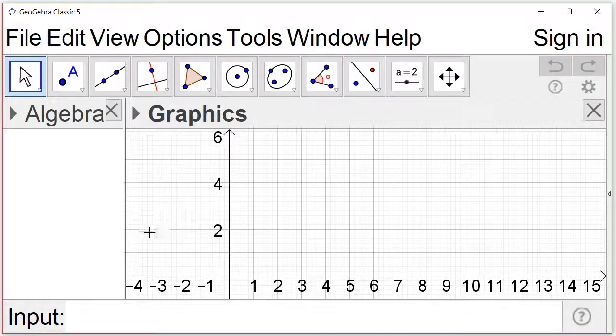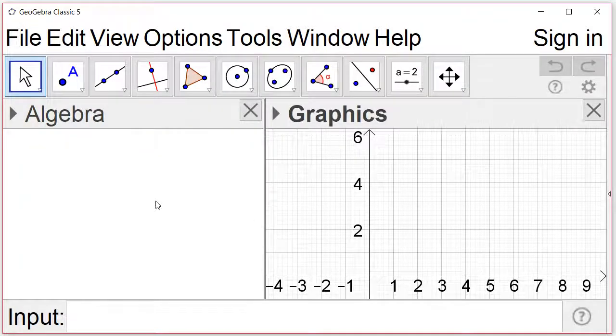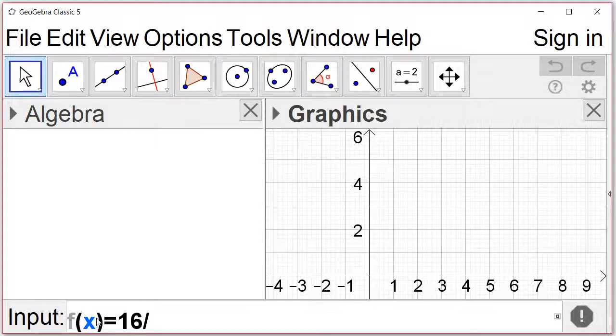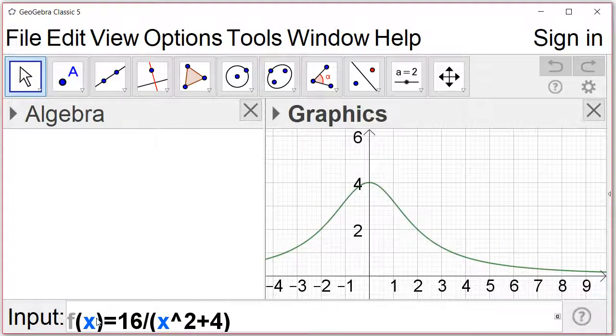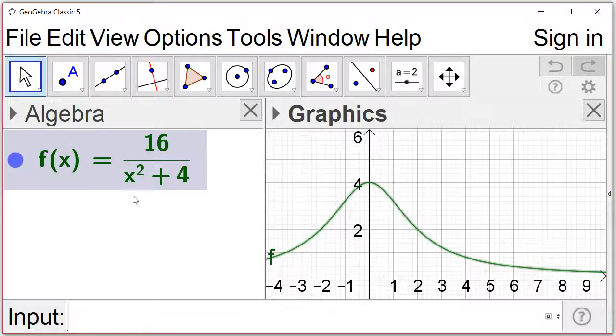First, we have to type in the function: f of x equals 16 over x squared plus 4. Then hit enter.